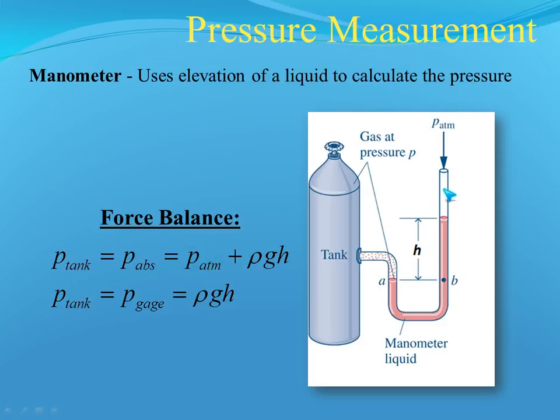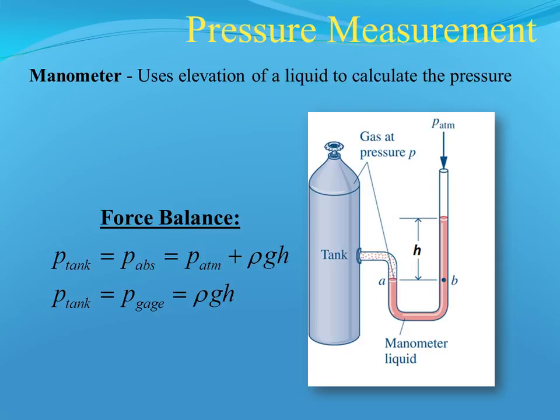The absolute pressure calculation says it's the atmospheric pressure, right? We have a certain amount of atmospheric pressure acting on the fluid. In fact, it's acting on everything, on the outside of the tank, on the piping, or the tubing. But important to the equation is that the atmospheric pressure is acting on the fluid, right?